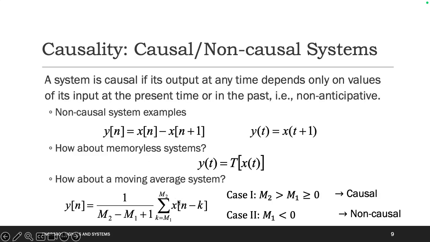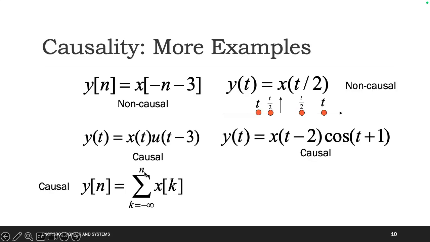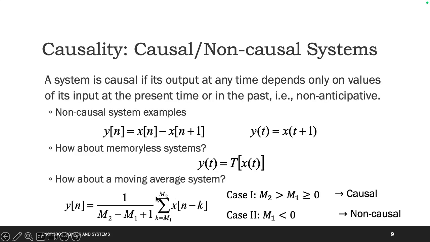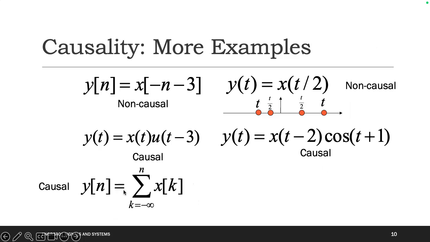Because M2 and M1 have some different situations, but you can see n will never change, because n is just the time variable I give you. But here it's the other variable. You can change it, you can judge in different situations. But here you cannot, because this is the system I give you. That makes sense to you? Okay. So this is causal.